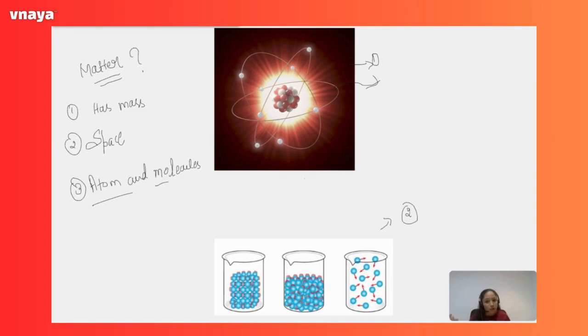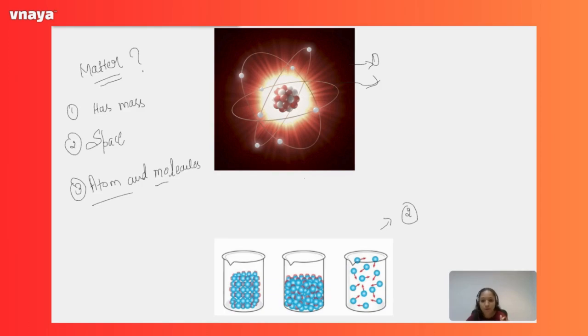Now the fourth key point is that each and every matter exists in different states. What does it mean? Matter can exist in several states, including solid, liquid, or gas. If you remember, I told you that whatever we are eating, drinking, or sitting on is made up of matter.